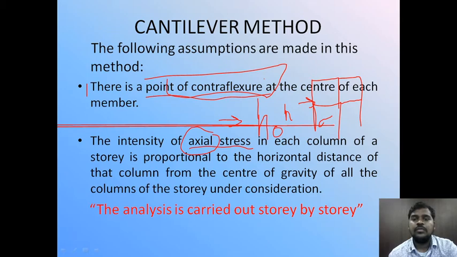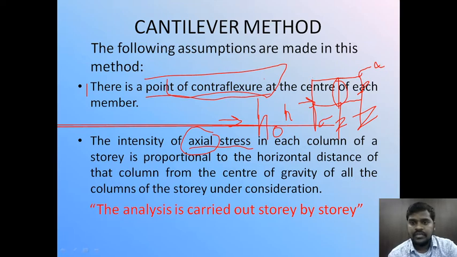Here we have one column, here one more column, and here one more column, and so on. So the axial stress in every column is directly proportional, that is sigma is proportional, to the horizontal distance of that column from the center of gravity of all the columns of the story under consideration.